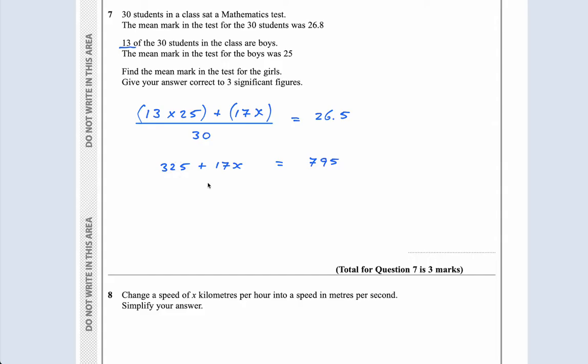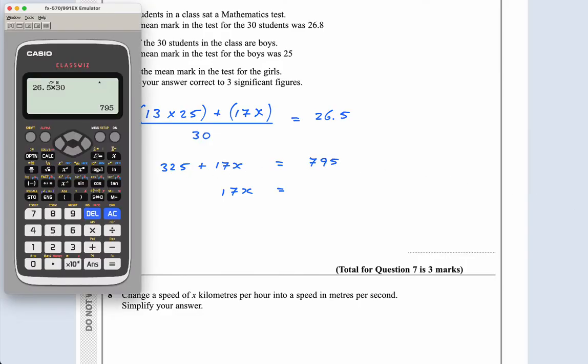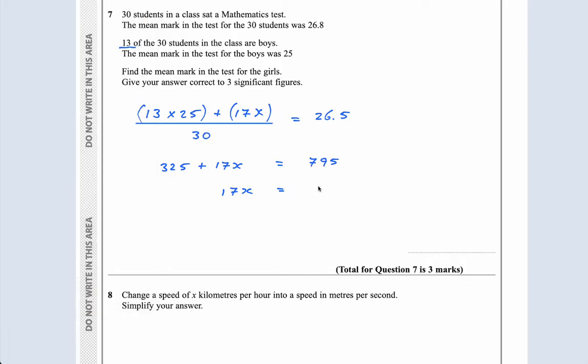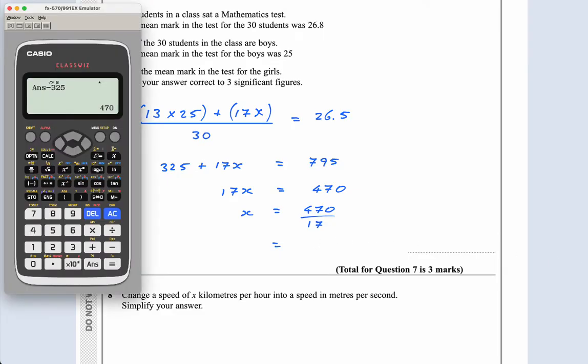Okay, subtract this, 17x equals 795 minus 325. 795 minus 325 is 470, and then x is 470 divided by 17. 470 divided by 17 is 27.6, which unfortunately is the wrong answer.